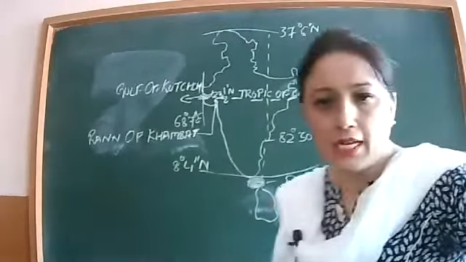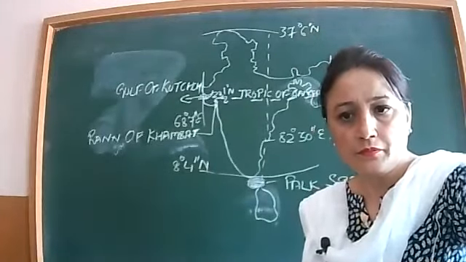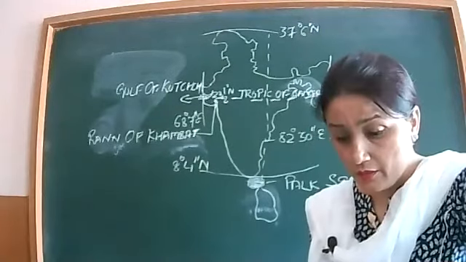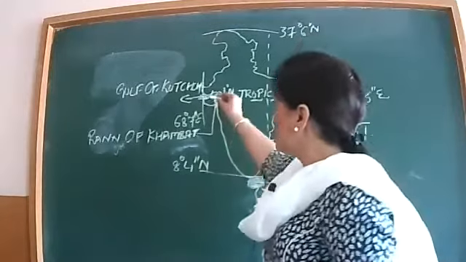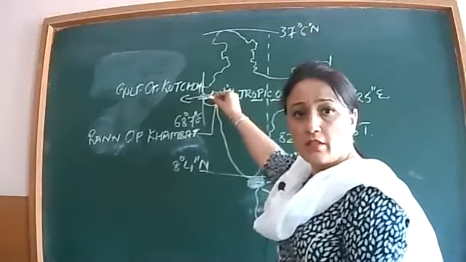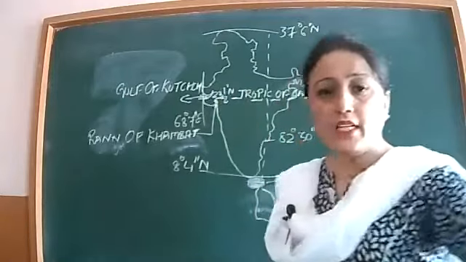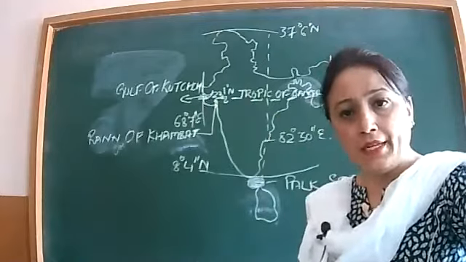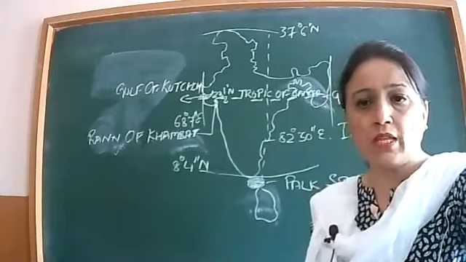Yes, Jia, ask. Ma'am, where is the Gulf of Kutch? We have done the Gulf of Kutch here in Gujarat. This is the Gulf of Cambay. Clear? Yes, ma'am. Anyone having any doubt from this map? Let me know, otherwise I'm proceeding with the next map.